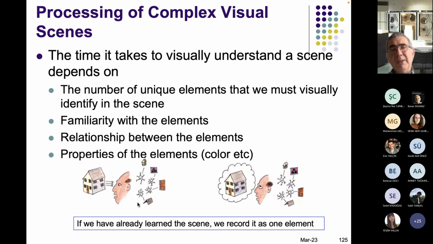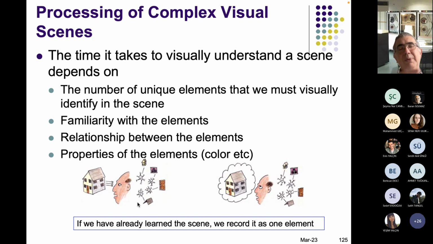So in order to understand a visual scene, visual scene means the interface in our case, or an equipment or a device or something like this, for example. So it is showing something, some variable.